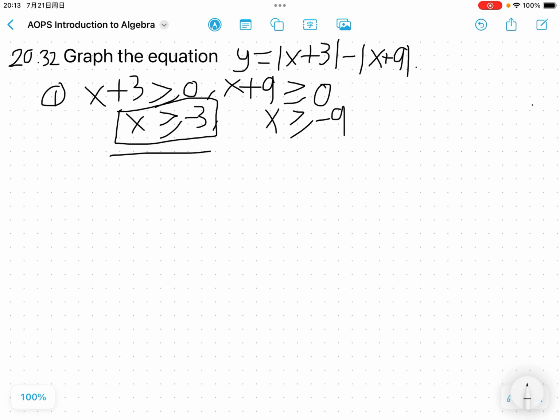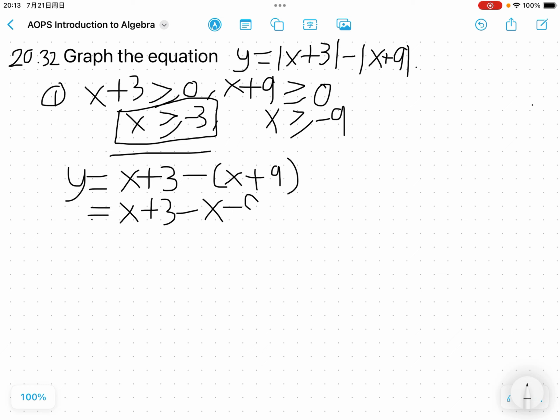Since x plus 3 and x plus 9 are both nonnegative, our equation becomes y equals x plus 3 minus (x plus 9). That's x plus 3 minus x minus 9, which is negative 6. So we get the line y equals negative 6.